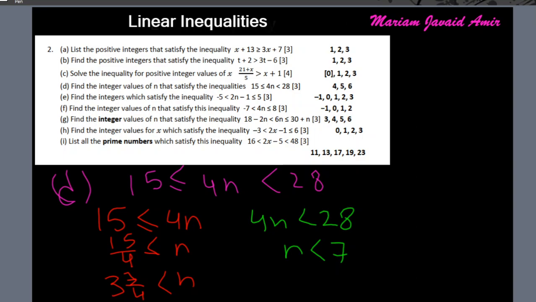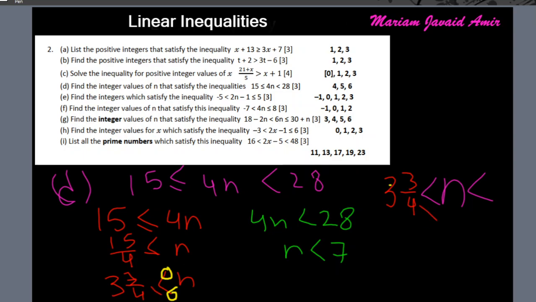So I'll write n, and I'll always write these symbols around n. So n is bigger than what? n is bigger than 3 whole 3 by 4, and there's also an equals to sign with it.